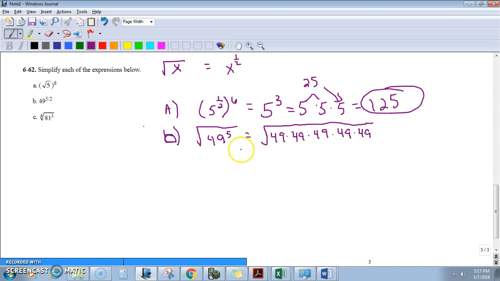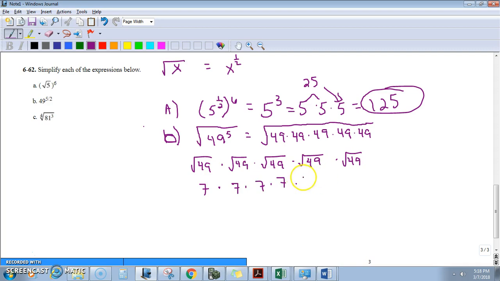Now, I can separate that out to the square root of 49 times the square root of 49 times the square root of 49 times the square root of 49 times the square root of 49, which is 7 times 7 times 7 times 7 times 7. Okay, or just 7 to the 5th power, right?